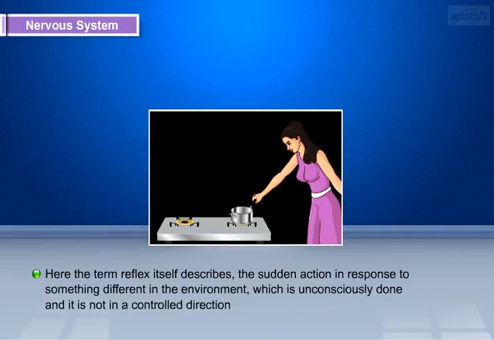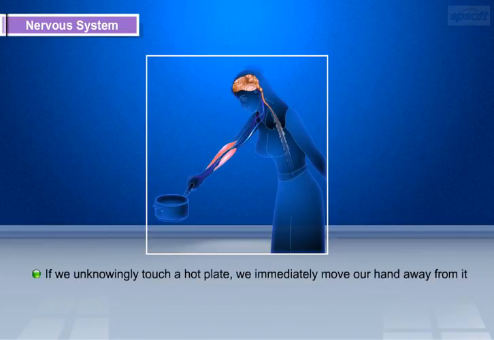Here, the term reflex itself describes the sudden action in response to something different in the environment, which is unconsciously done, and it is not in a controlled direction. For example, when we touch a hot substance, we immediately move away our hand from it. So, moving our hand immediately from the hot substance is called reflex action.